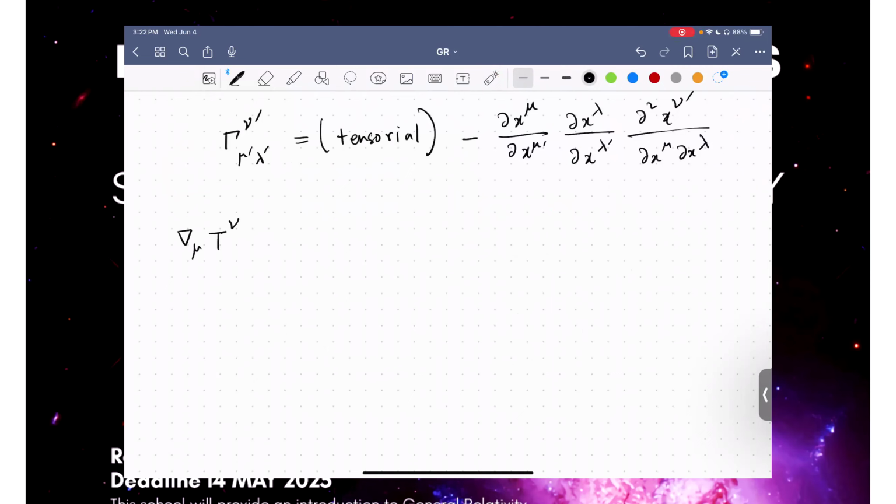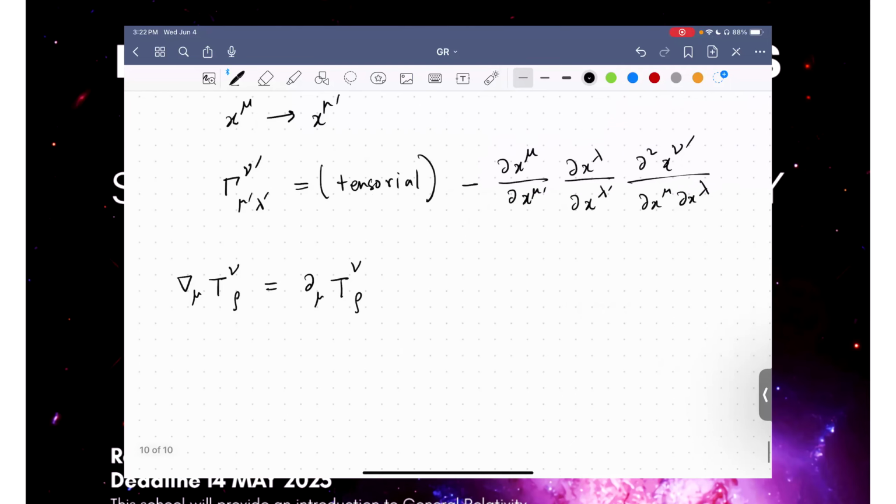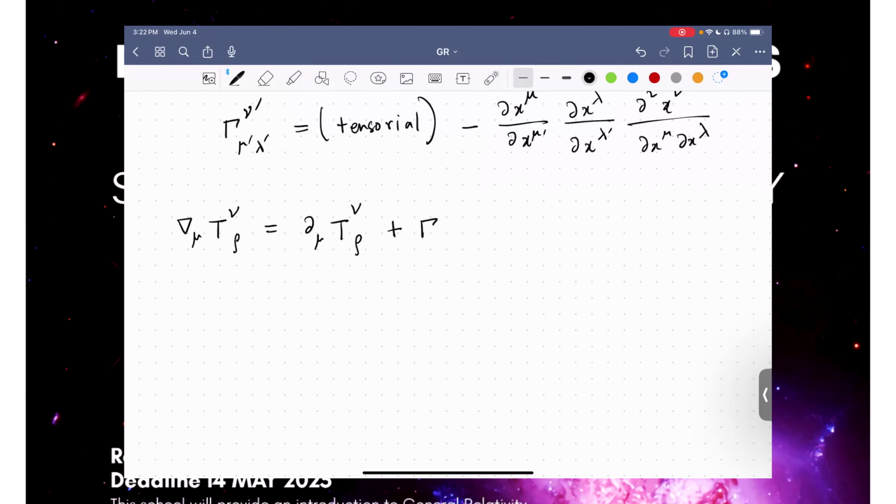So what happens if you have two indices, one contravariant and one covariant? You always start with the partial derivative. Then you add a term for the upper index. And you add a term for the lower index.